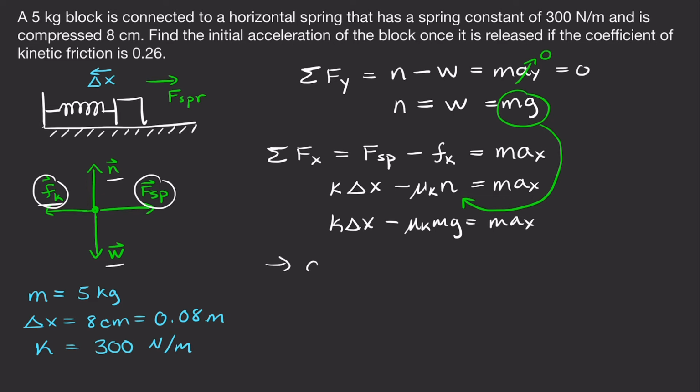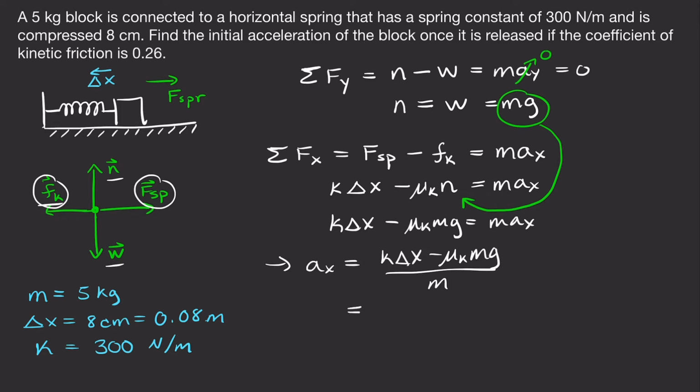And then all that's left is to solve for the acceleration. So all I need to do is divide both sides by the mass, and I get k delta x minus mu_k mg all over the mass.